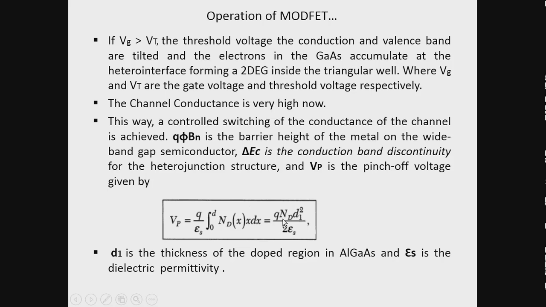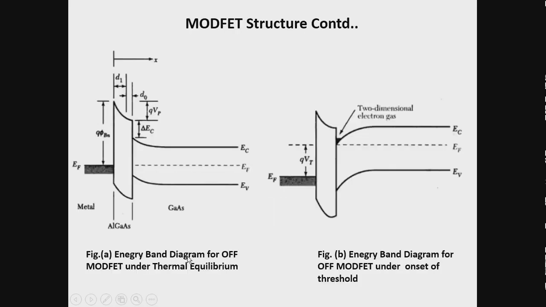That is equal to q nd d1 square divided by 2 epsilon s, where nd is the doping concentration of the n-type aluminum gallium arsenide, d1 is the thickness of the aluminum gallium arsenide material, and epsilon s is the dielectric permittivity of the spacer.